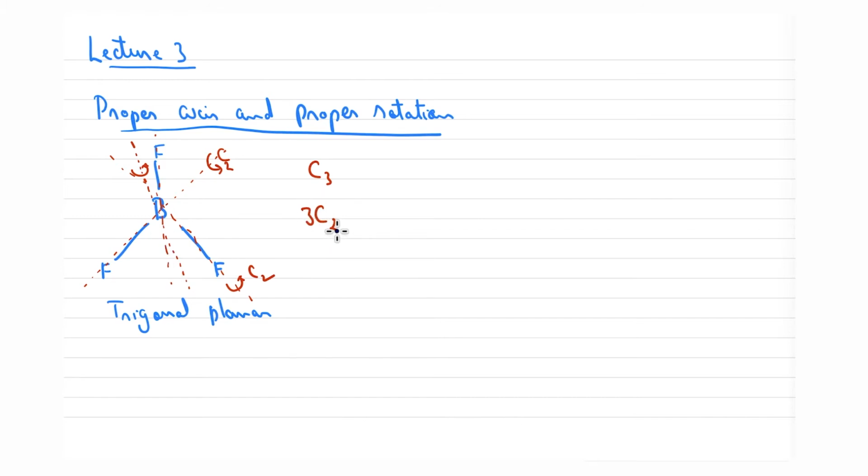Now let us see what is the effect of C3 and C2 operations onto this molecule. So let's say if we draw this again quickly, B, F, F, F. So you have 1, 2, 3. Now we can do C3 operation M times, right? Cn operation M times. So N is equal to 3 over here and M is equal to 1.